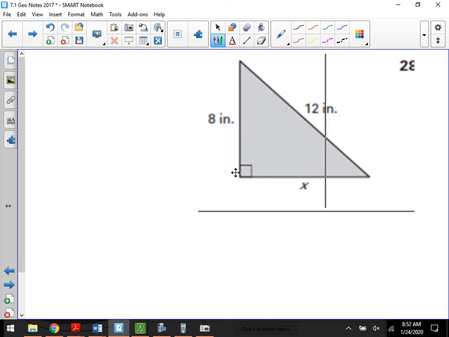You said it 164 minus the other way. I knew you would do it right, but just be careful how you say it. Everybody okay with this one? Like Christian was saying, that 12 is playing the role of a hypotenuse again? So if we write it out, we can say x squared plus 8 squared is 12 squared. All right? I know that 8 squared is just some number, so if I write it out, x squared is going to equal 12 squared subtract 8 squared. And like Christian was just saying, 12 squared was the 144, 8 squared is the 64.